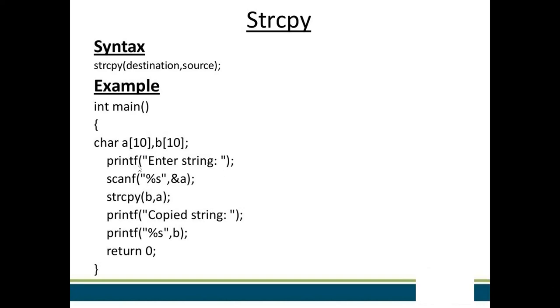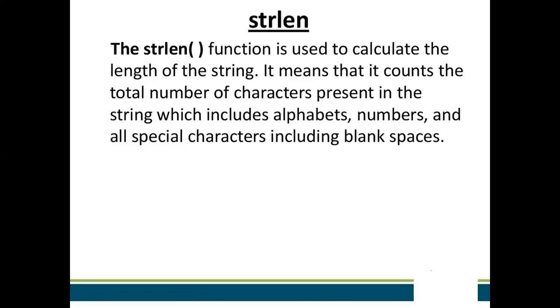We enter a string in the variable A, copy whatever string is entered in A into the destination variable B, and then print the variable B. For example, if the user enters hello in A, it will be copied into B, and when we print B, the output will be hello. That's the usage of the strcpy function in C programming.